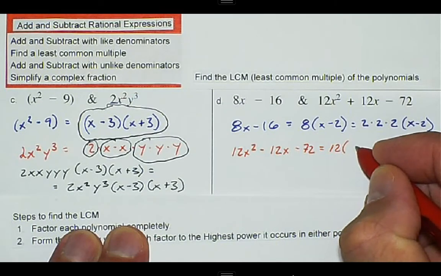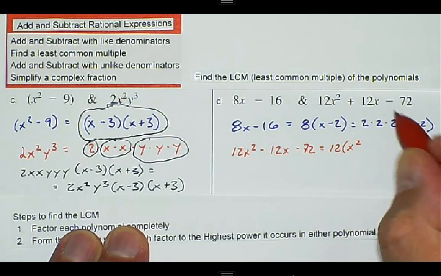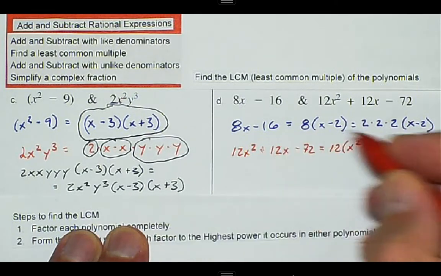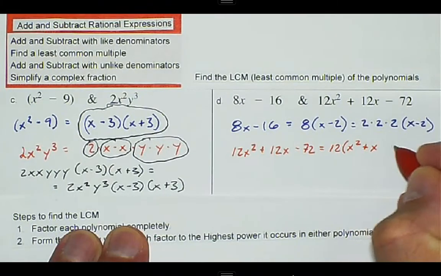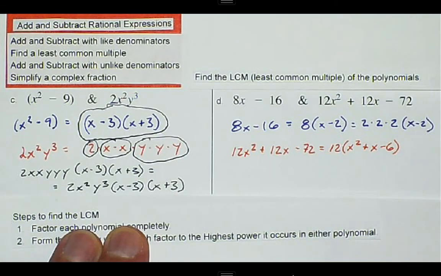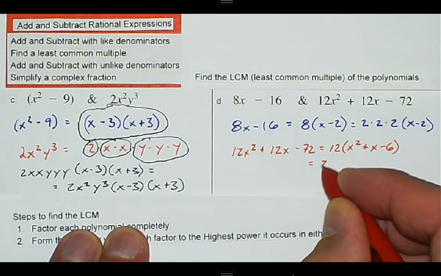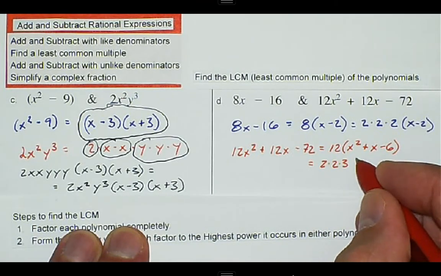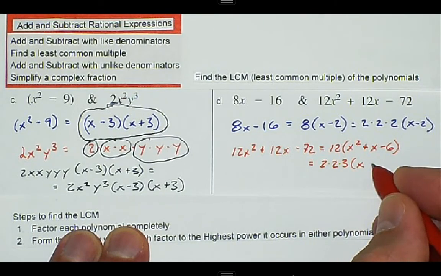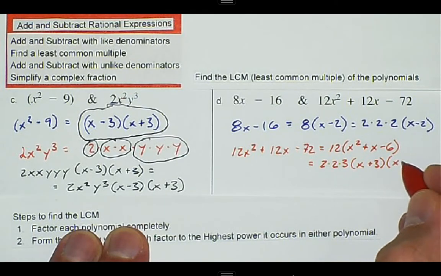And what we're left with is x squared plus x minus 6. 12 we can write as 2 times 2 times 3. And then we can factor the x plus 3 and the x minus 2.